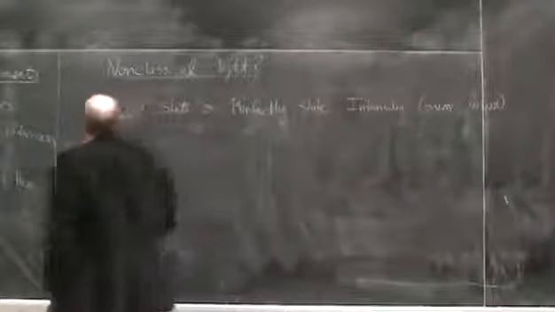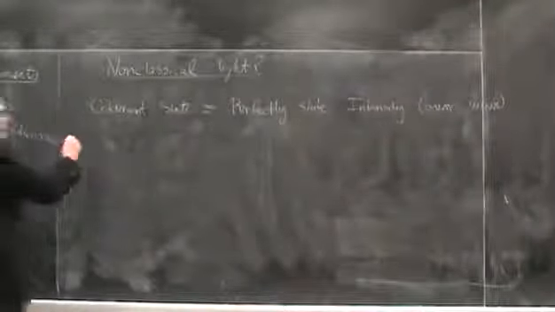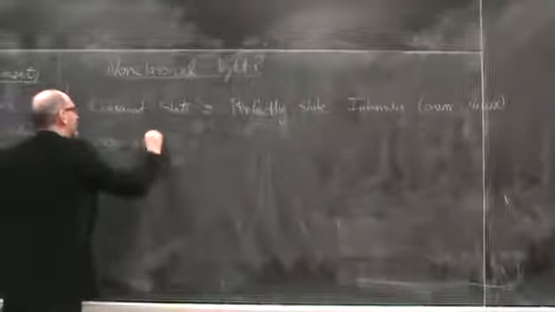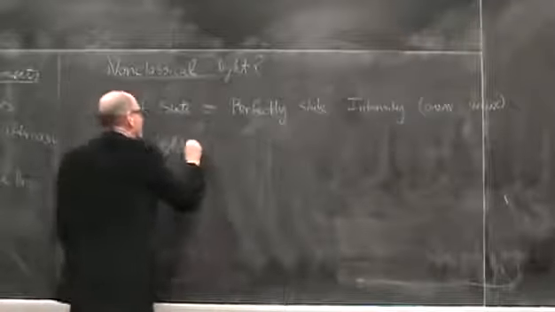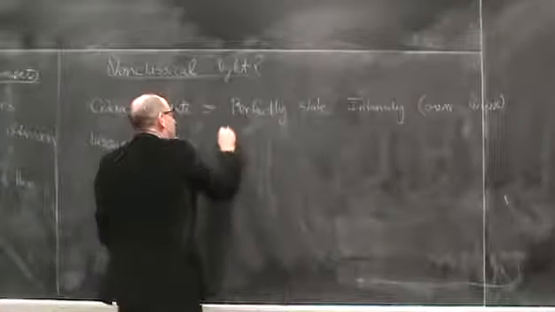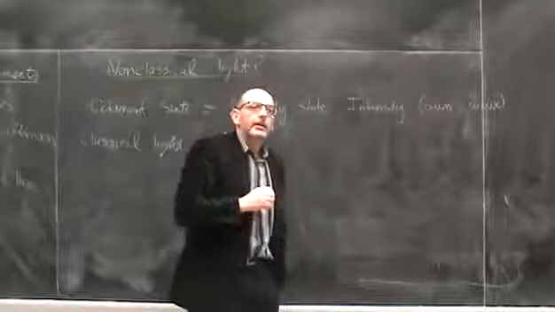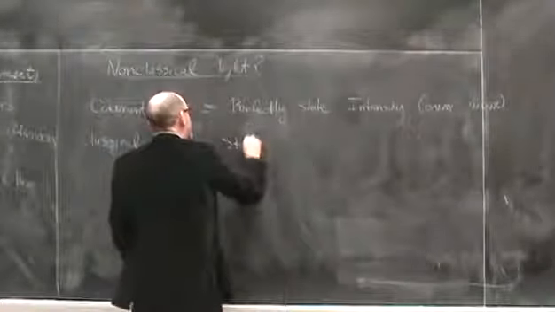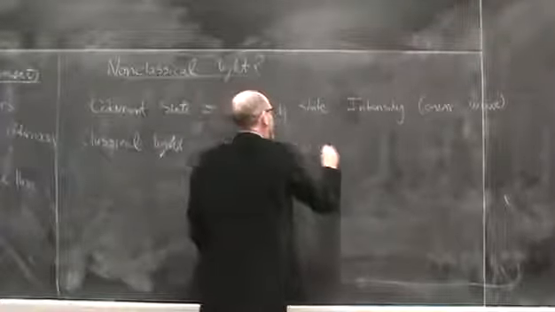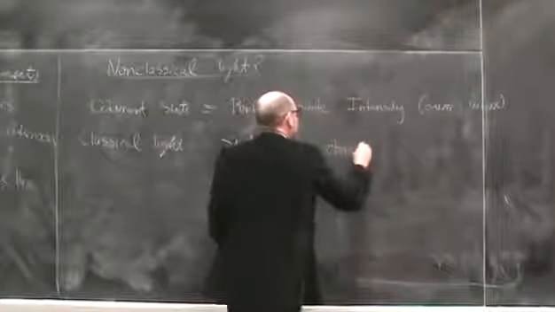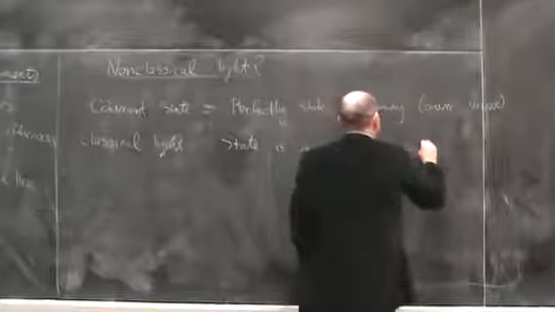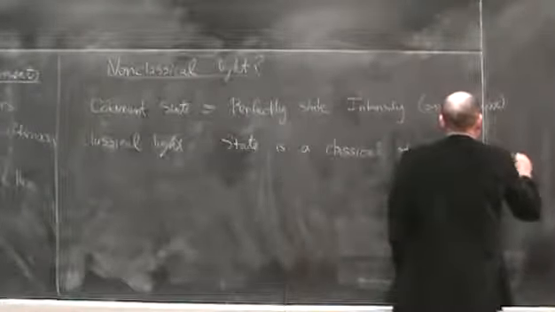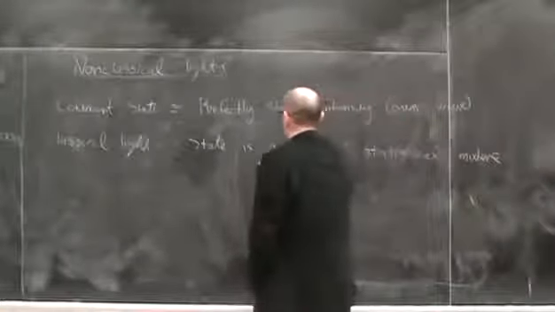So one way of defining classical light is if the state of the field is a classical statistical mixture of coherent states.